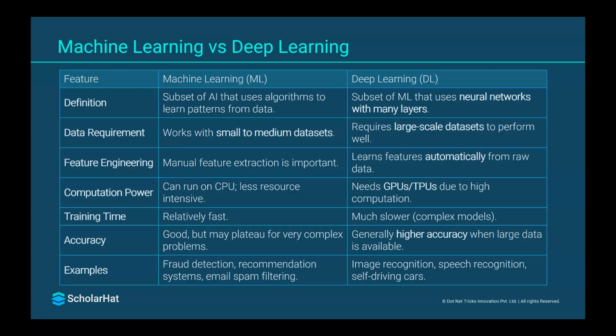Of course, with a small data size, machine learning takes less compute power. Even CPU-based is fine to train a machine learning model, but to train a deep learning model we need GPU-based computation.